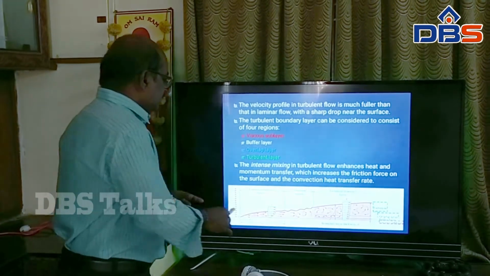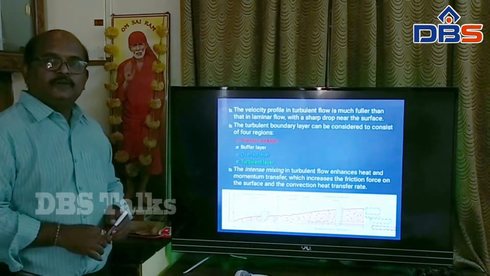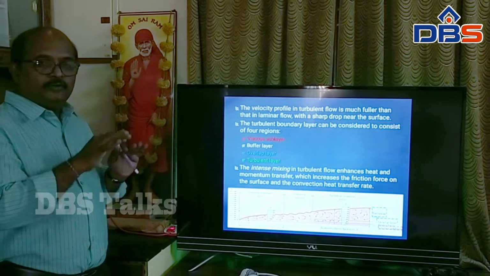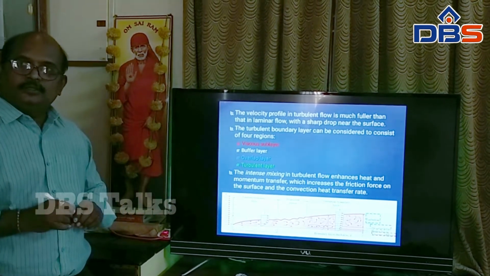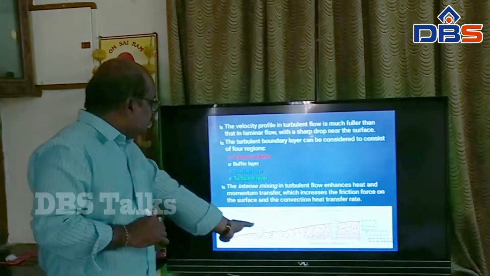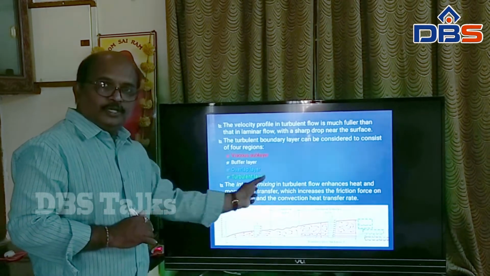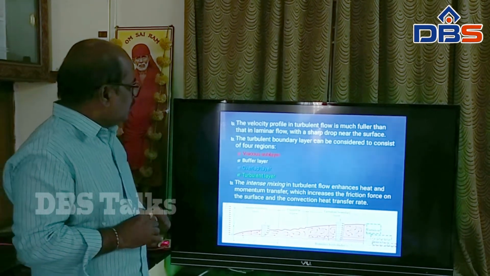Okay? And for some portion of the plate, we find that there will be a smooth flow of velocity inside the boundary layer. A streamlined flow of velocity inside the boundary layer. That portion is called a laminar boundary layer. Okay?